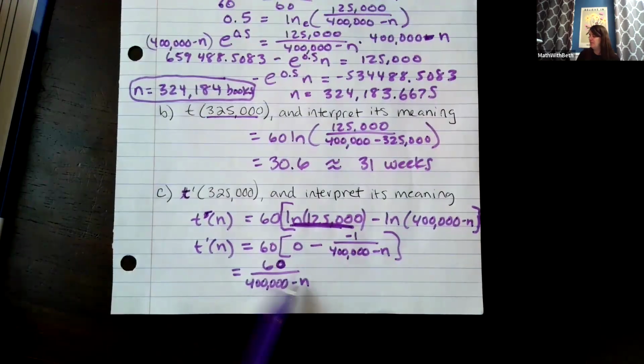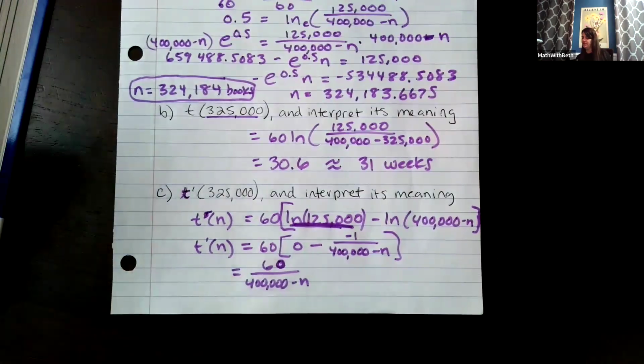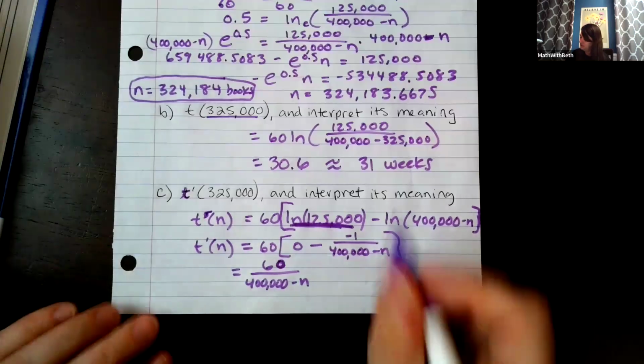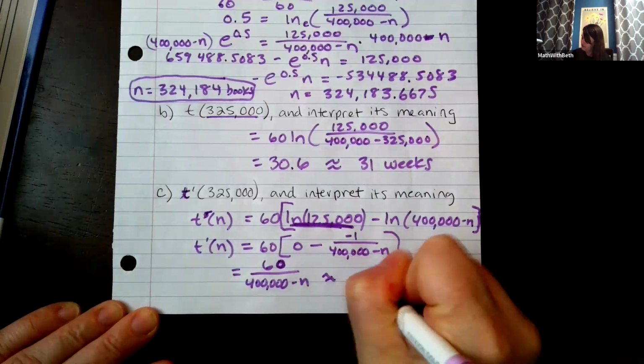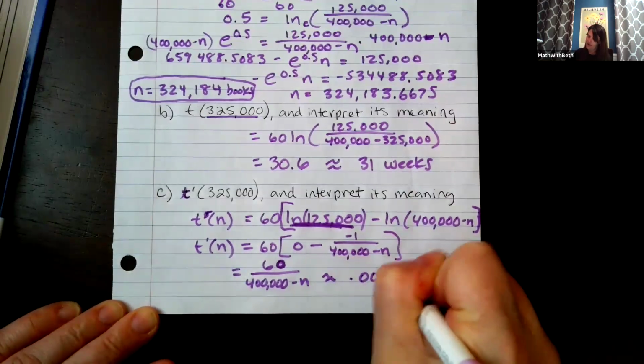So now I can go ahead and plug in the 325,000. And I get 0.0008.